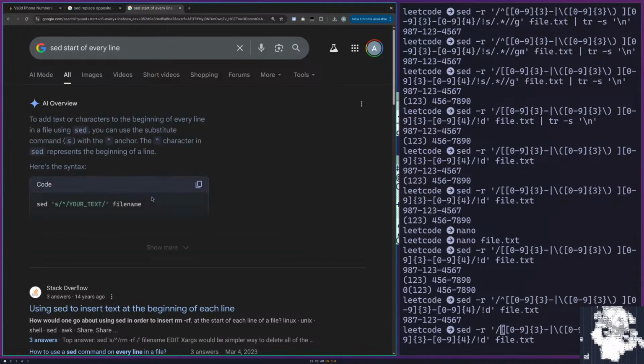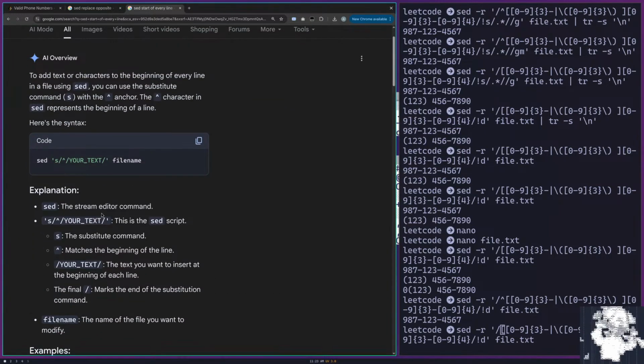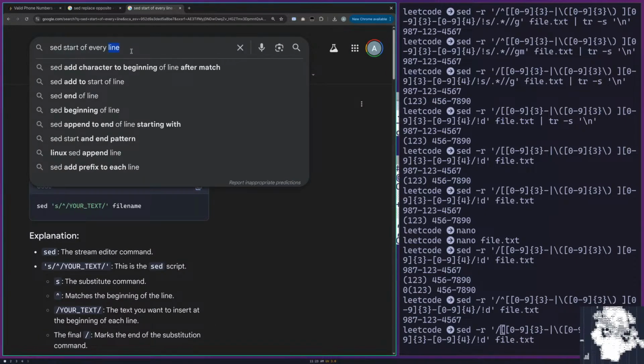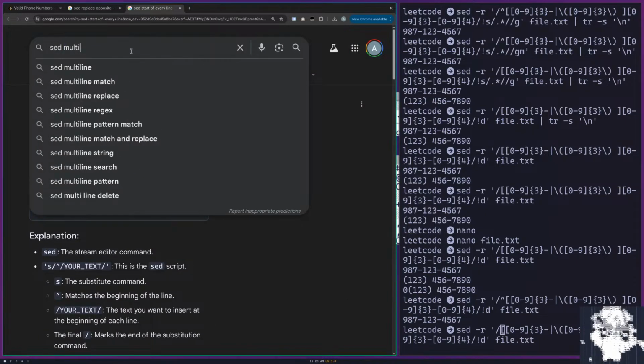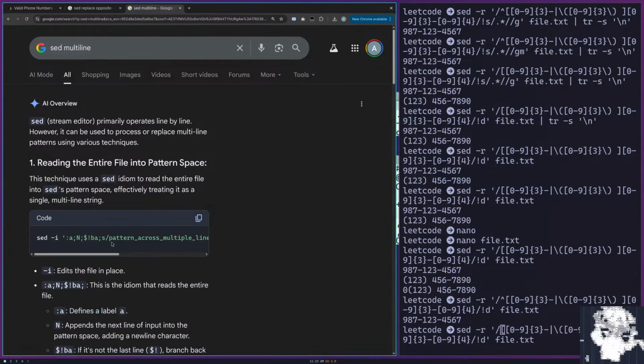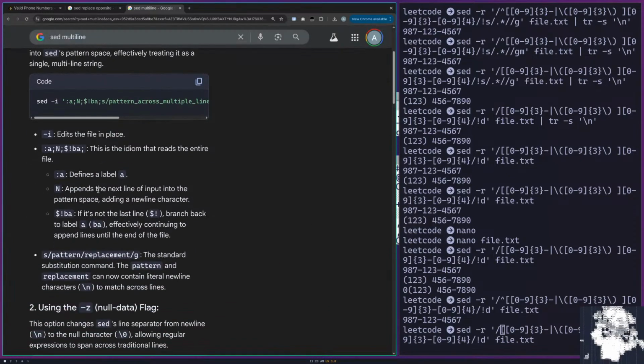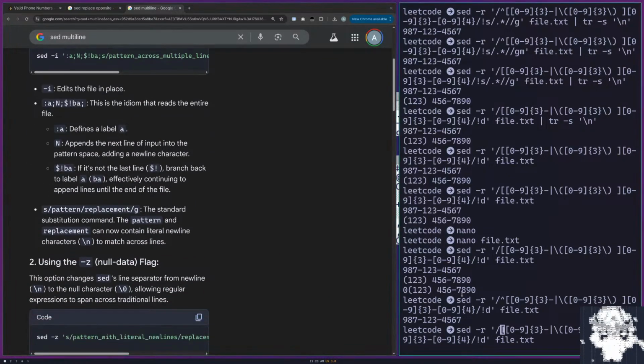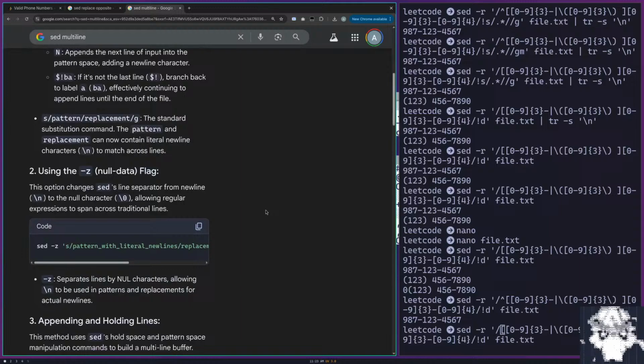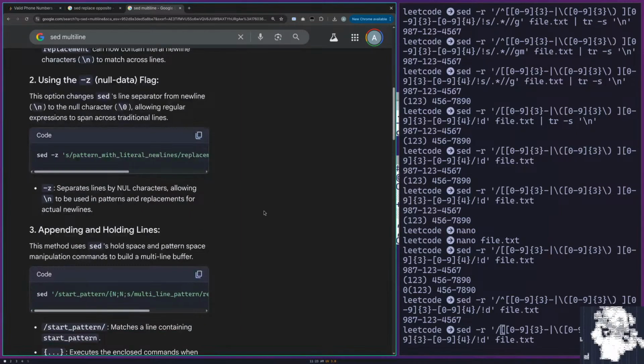I don't know how to, like, it's something about my global, I got rid of the global. Said multi-line. This is something I don't understand that well. But I think what's happening is when I say caret, it thinks I mean start of the whole file, not start of every line.